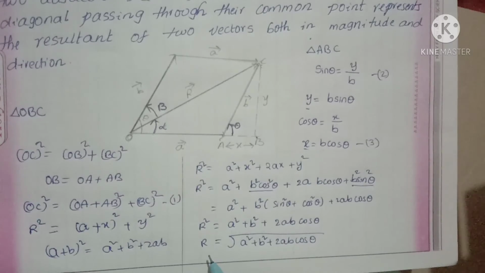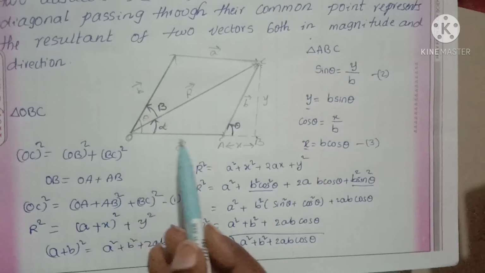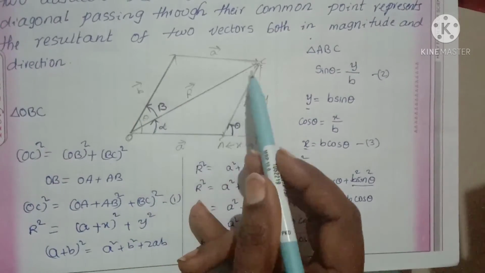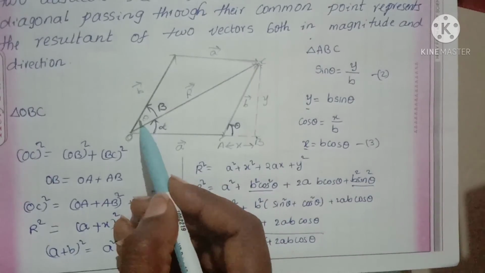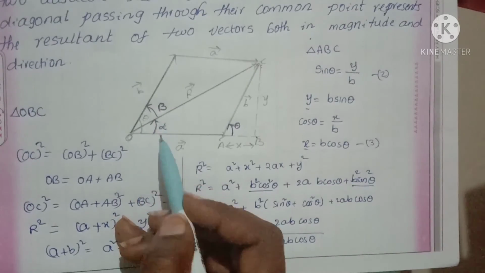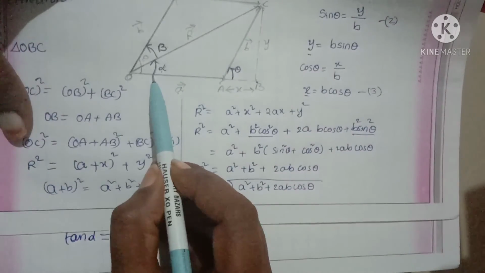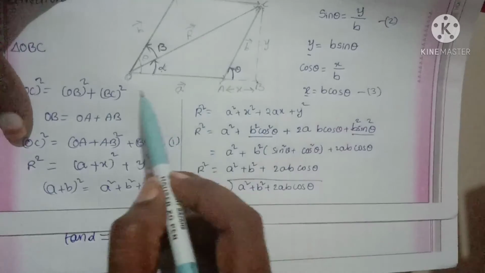Now we can find the direction of the resultant. So see here, this is the a vector, this is the b vector. The resultant is like a diagonal of this. So these two vectors make some angle here. In triangle BC, tan alpha means opposite side by adjacent side.